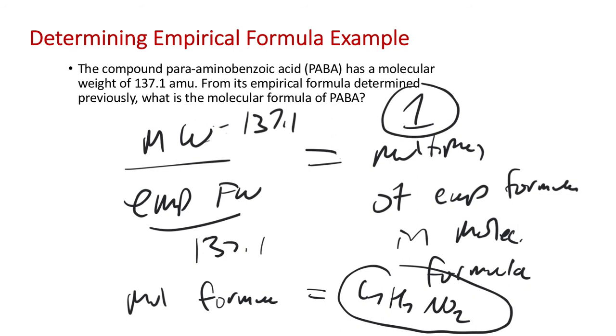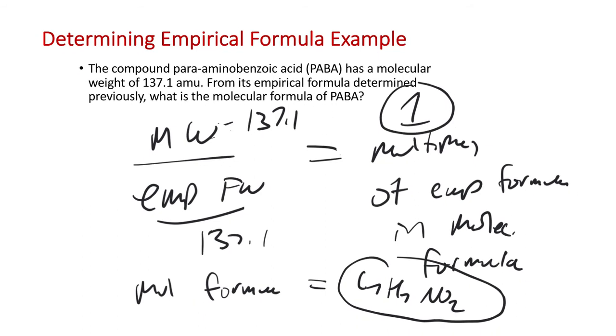We can calculate the empirical formula weight and see it's 137.1. Then we have to do an experiment, get some additional information to figure out what the molecular weight is. So it could have been 274.3, in which case it would have been C14H14N2O4.